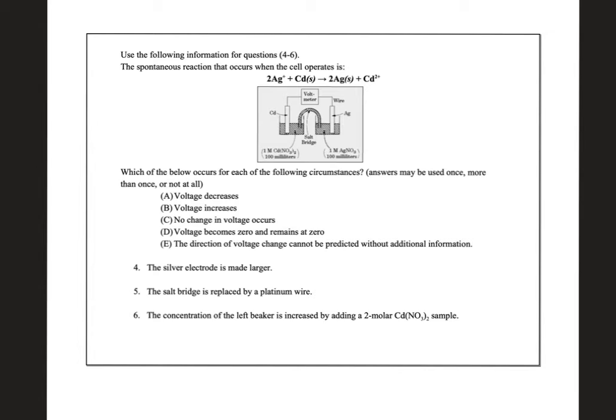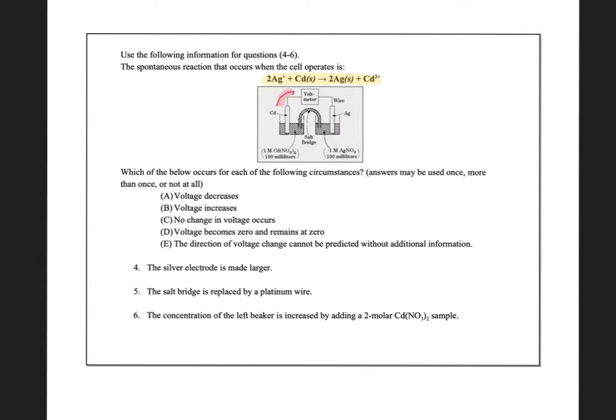All right, this one, we had some issues with 4 and 6 mostly. So I have a picture of the solid cadmium electrode, the cadmium 2+, solid silver electrode, and silver+ ions. We also have a balanced equation, which is, I think, the most useful part. I think the picture messed some of us up because we know electrons go, let's get my pen back.